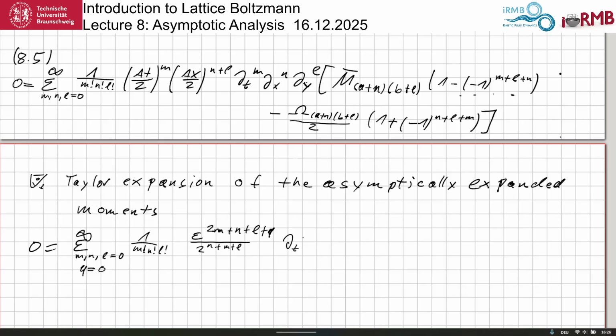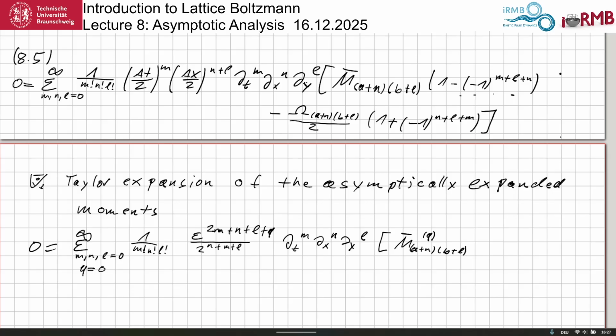Then this goes into the m-th derivative in t, the n-th in x, the l-th in y, and here we have a plus n and b plus l, and the Q part of the moment.